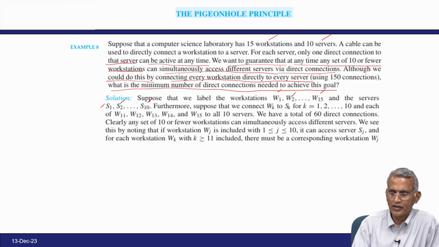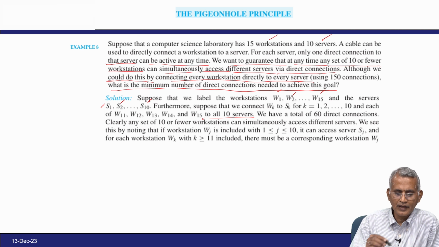Suppose we connect Wk to Sk for k equal to 1 to 10, and connect the rest, W11, W12, W13, W14 and W15, to all 10 servers. Now, you see there are 16 direct connections, right.